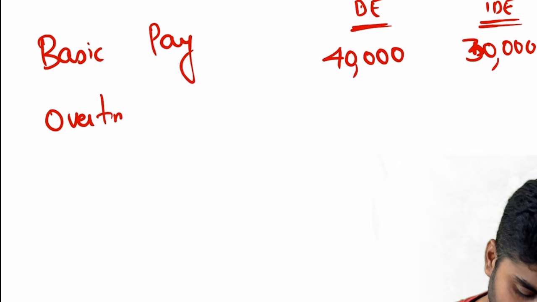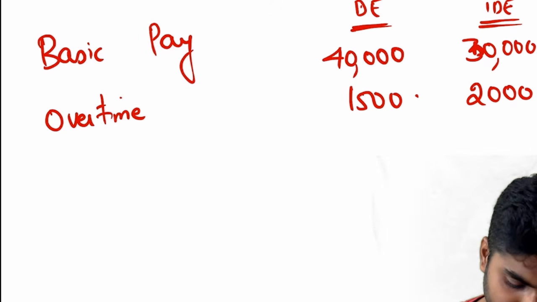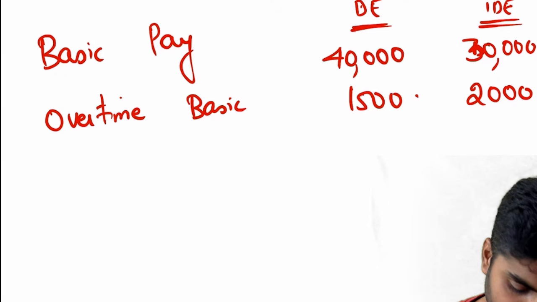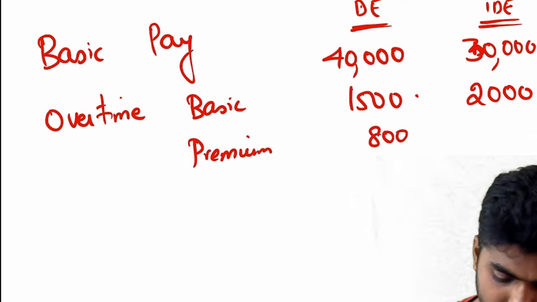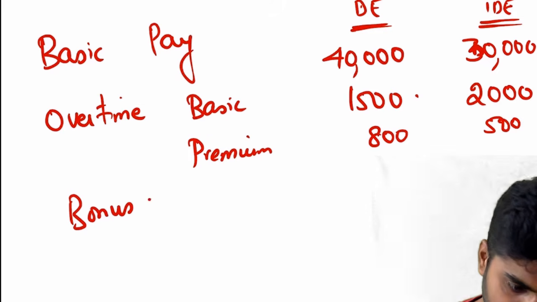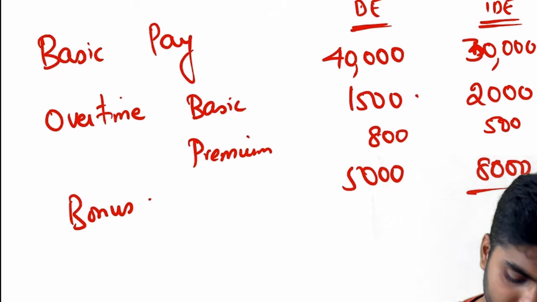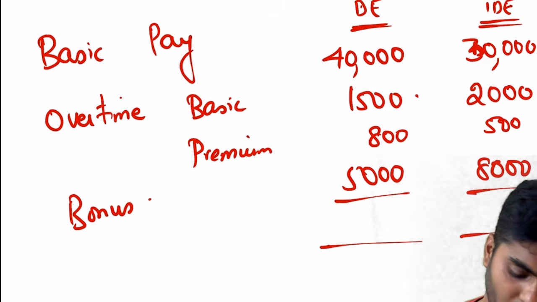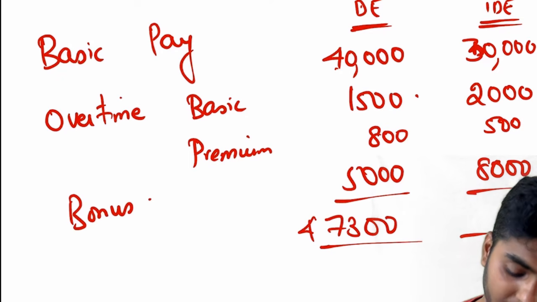Overtime, you're paying 1,500 and 2,000. That's the basic. Then you're paying a premium, which is 800 and let's say 500. And your bonus is 5,000 and 8,000. So how much does the total come? 45, 46,500, 47,300, 40,500.